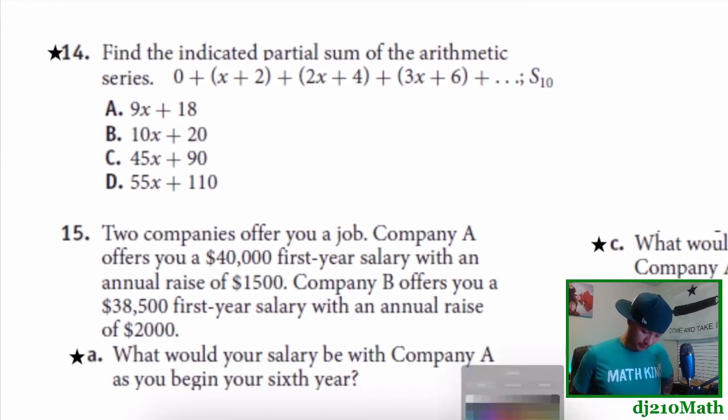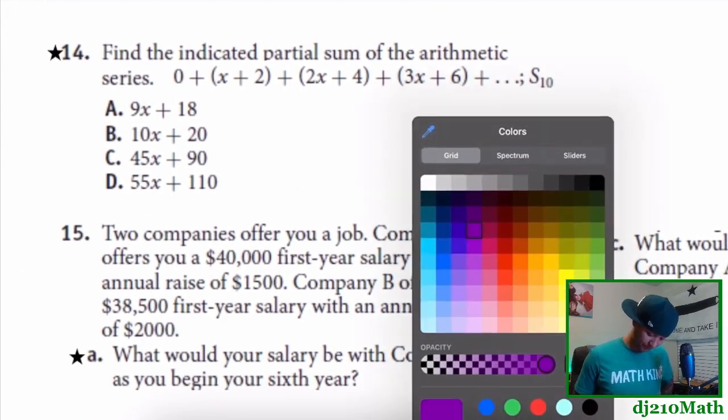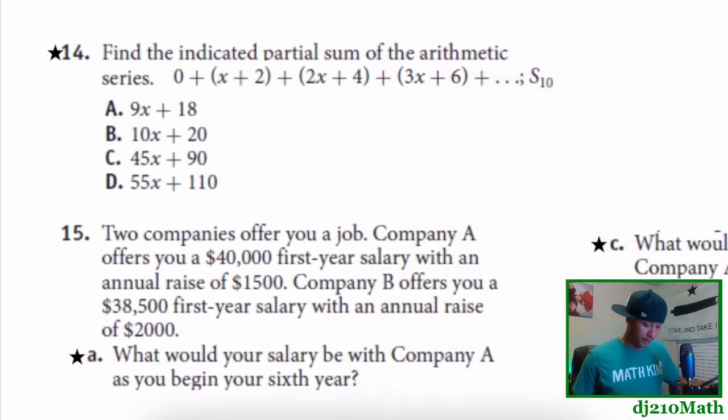All right, what's 14 talking about? Find the indicated partial sum of the arithmetic series 0 plus x plus 2 plus 2x plus 4 all the way up to the 10th one. So am I guessing that these are my answers to choose from?